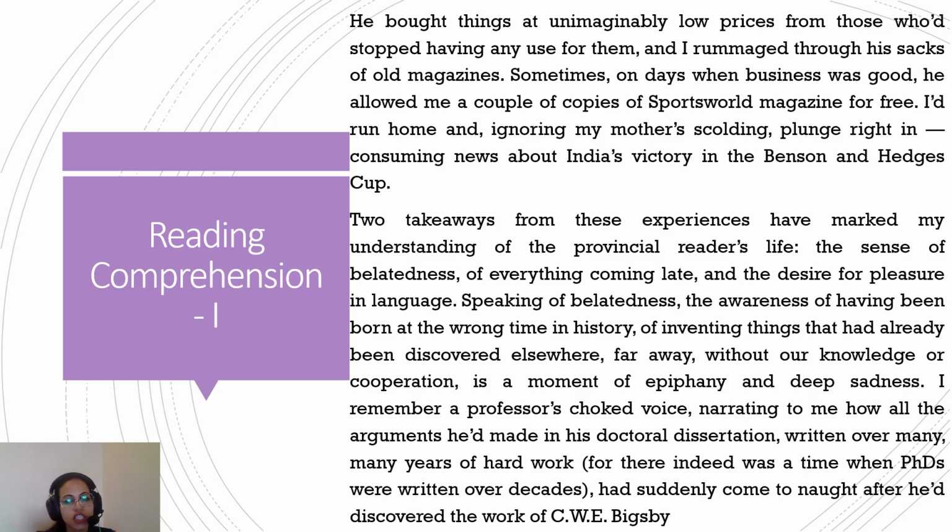And second, the desire for pleasure in language, and the provincial reader really cherishes the language. He or she is really excited about reading anything. So there are two things in the life of a provincial reader: information coming late, and second, irrespective of information coming late, they have a desire for reading. They do not care if the news is coming late or if a current event has turned into history.